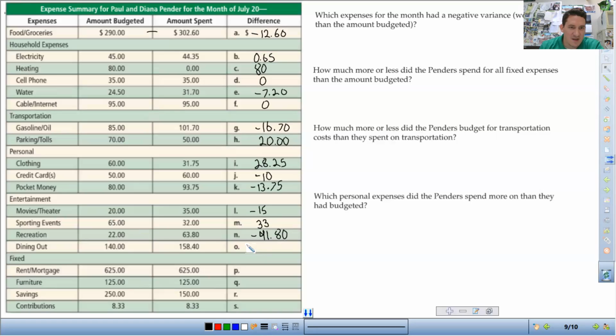And then 140 minus 158.40, that's going to be a negative 18.40.